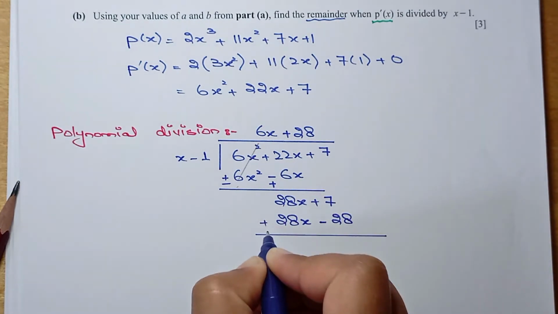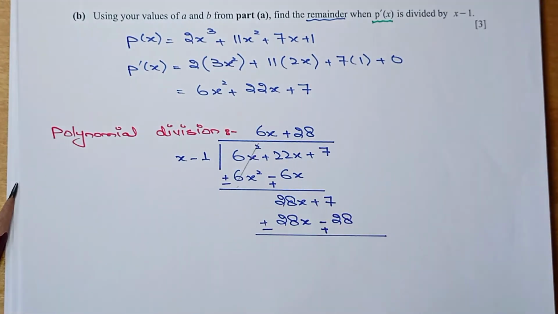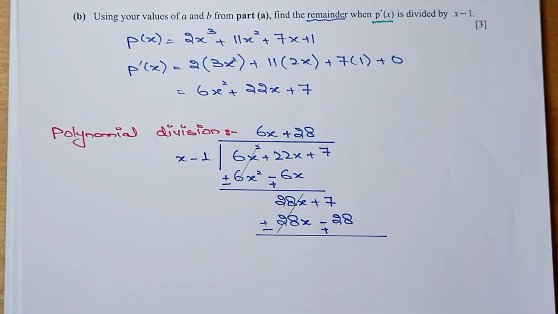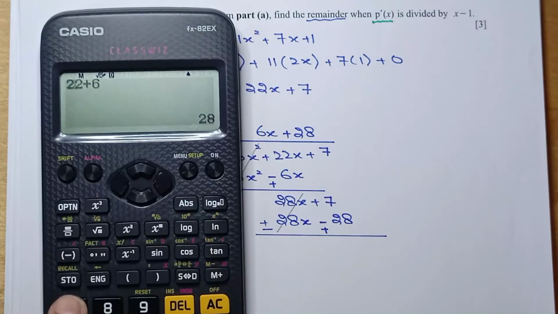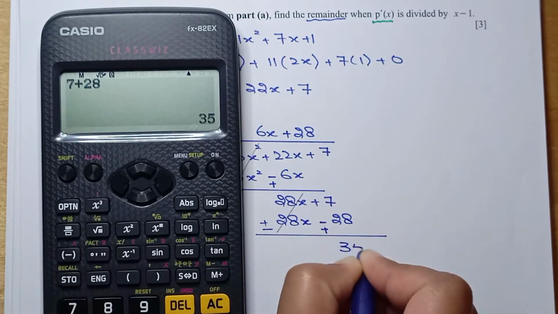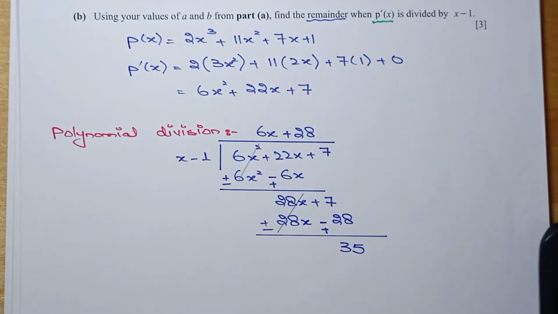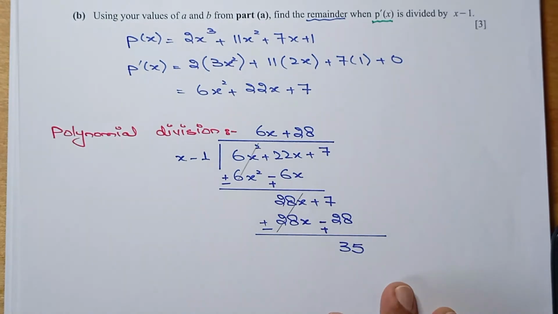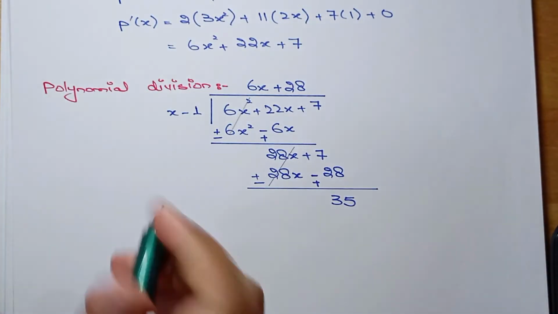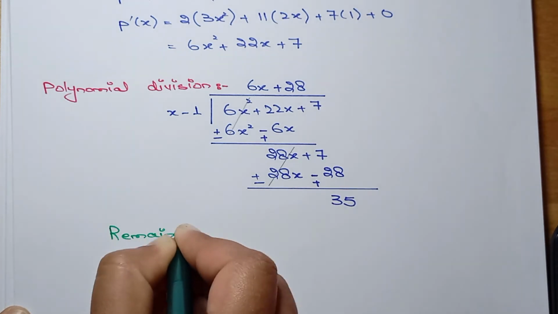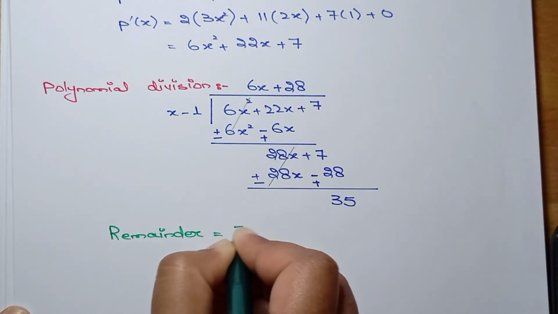Positive changes to negative and negative changes to positive, and then positive 28x and negative 28x is 0, and we have 7 plus 28 is 35. So the remainder when p prime of x is divided by x minus 1 is 35. So we can say remainder is equal to 35.